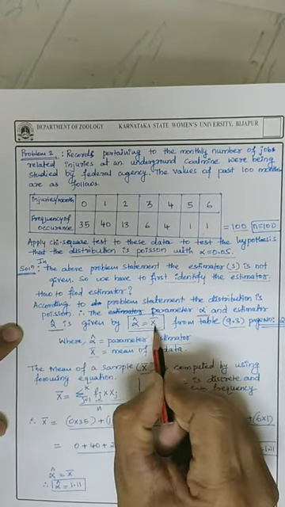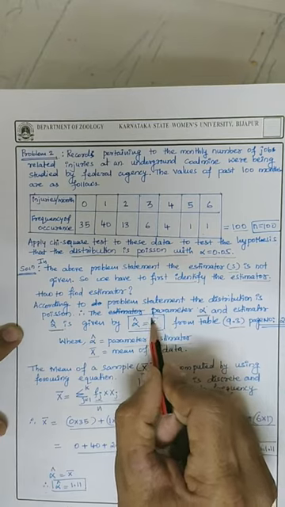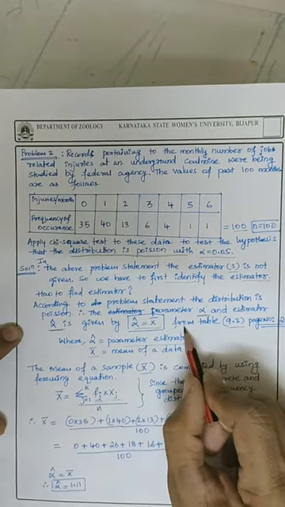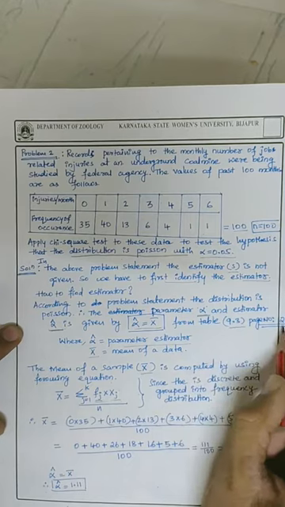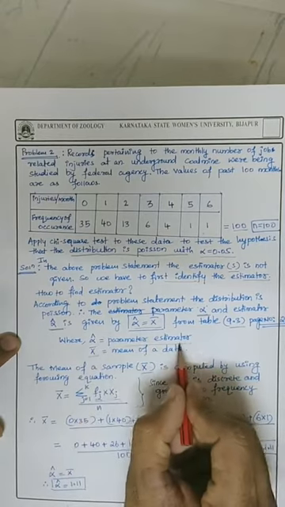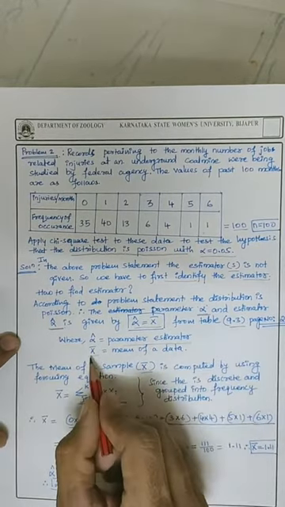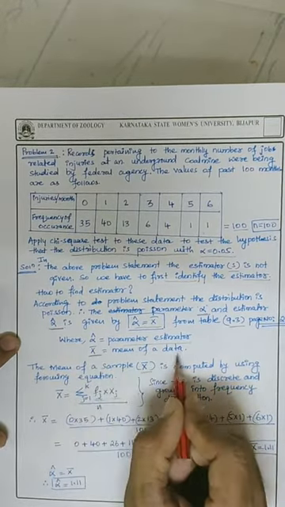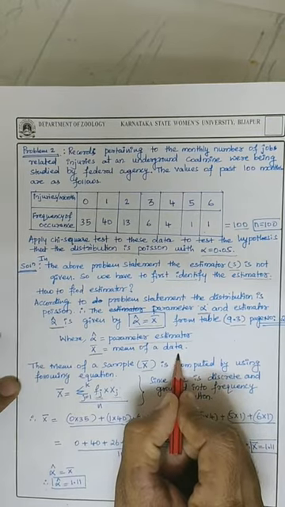Alpha cap is equal to the mean, right? This is from table 9.3. So alpha cap is the parameter estimator and x bar is the mean of the data here, right?